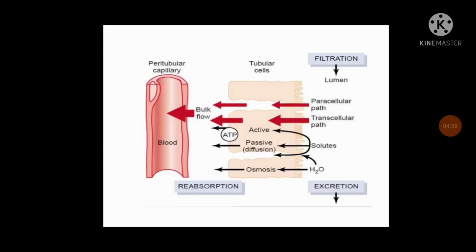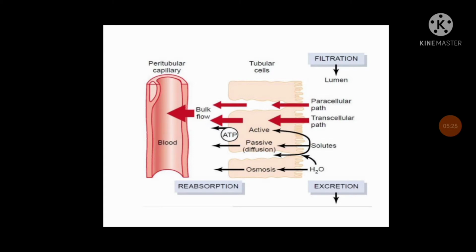This diagram shows different ways of transport of substances. Some of the substances can cross and enter into the blood through the paracellular path. Some move transcellularly by using different transport mechanisms, and then they are transported to the opposite side of the lumen.